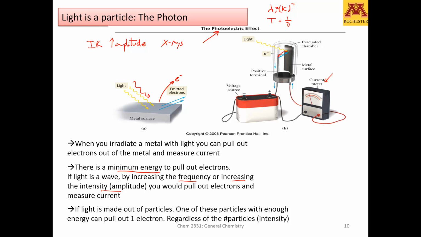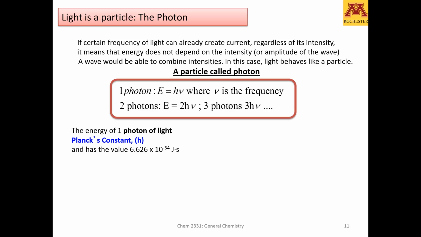So that's a little bit the take-home message, that light has to be made out of particles, because particles do not amplify each other. That was the conclusion that Albert Einstein came up with, and it's simple enough to have a very simple equation in which this new particle of light is called a photon.